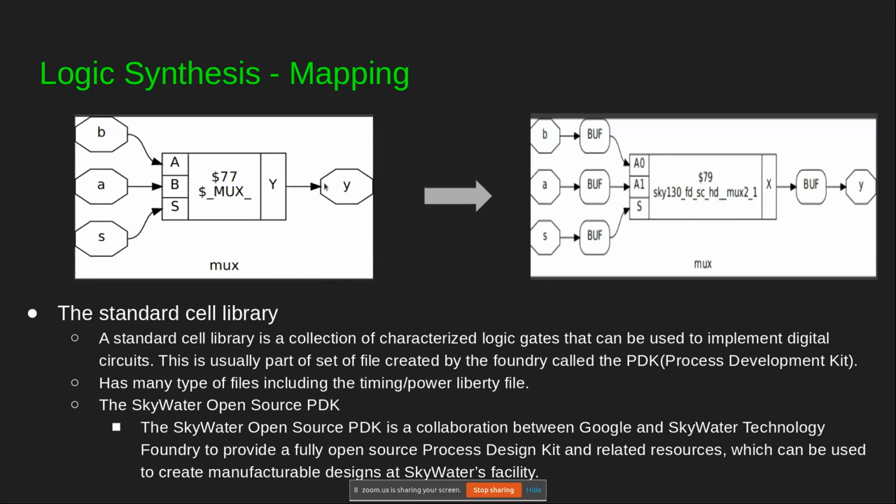Once you do the mapping using the SkyWater PDK Liberty file, the mux gets mapped to the corresponding standard cell from the SkyWater PDK. You can see here on the left side, this is a plain generic mux, and it has been mapped to a standard cell from the SkyWater standard cell library.